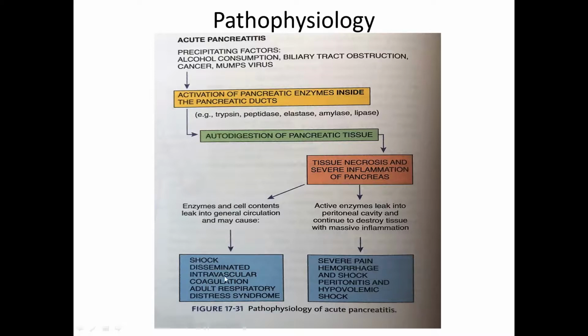This is one of the serious medical conditions, such as adult respiratory distress syndrome. People can even present with severe pain, hemorrhage, shock, peritonitis, and hypovolemic shock with advanced acute pancreatitis.